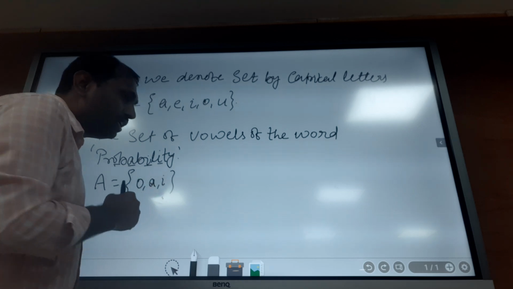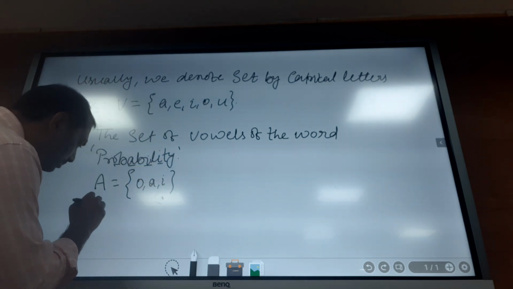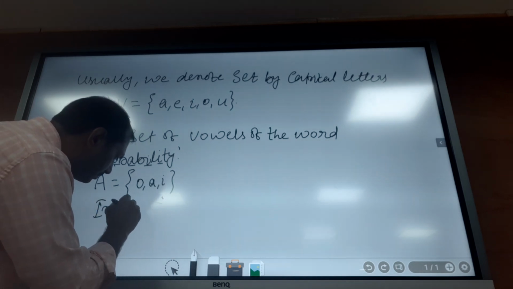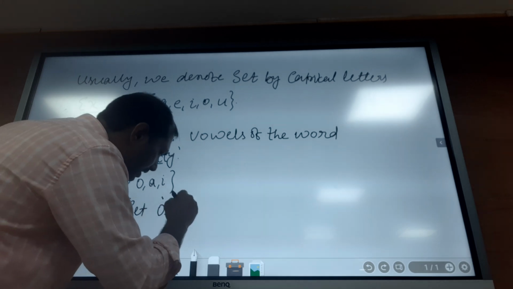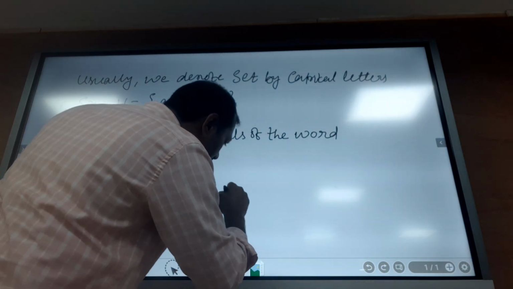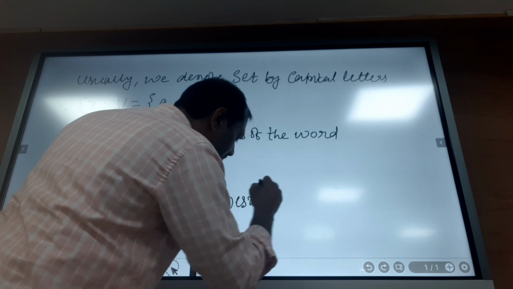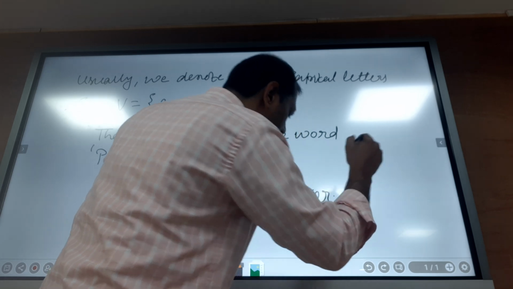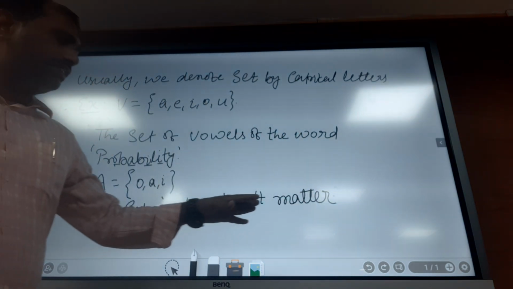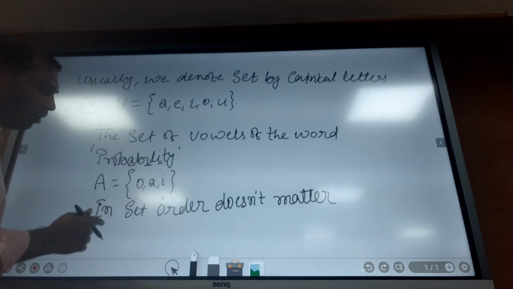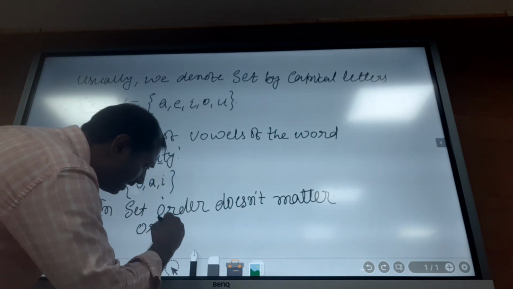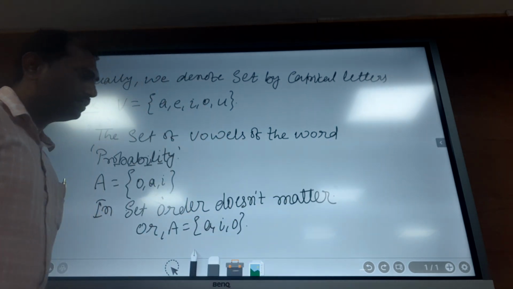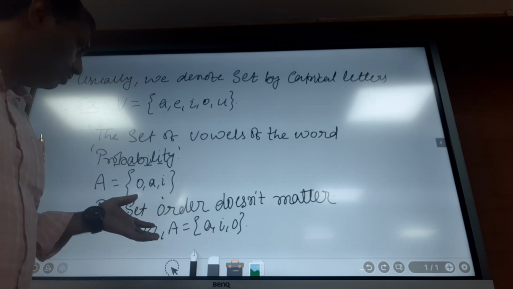So that's why I said earlier, a set is a collection of well-defined, different or distinct objects. And one more thing, in a set, order doesn't matter.